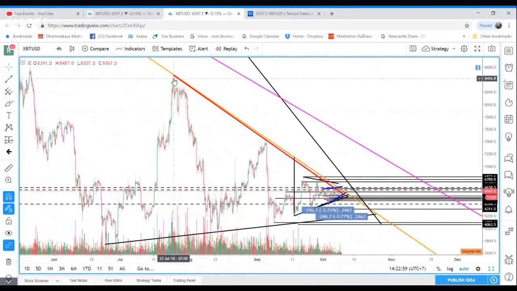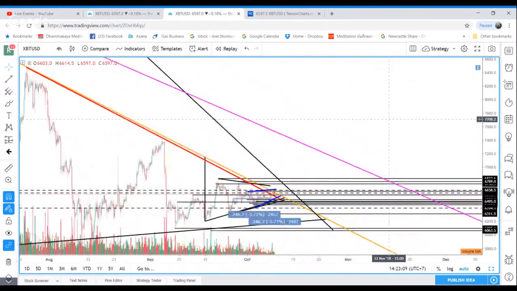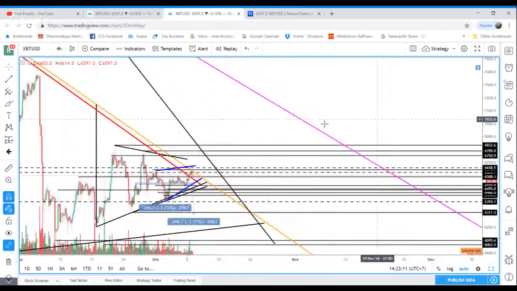So this one, the red one, yeah, it's pretty much touching both these two points, and we are clearly broken through it on log. So this one is no longer relevant, quite frankly, although I wouldn't be surprised if we broke under it, but that's another question.